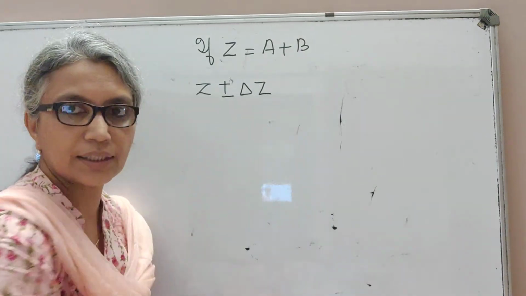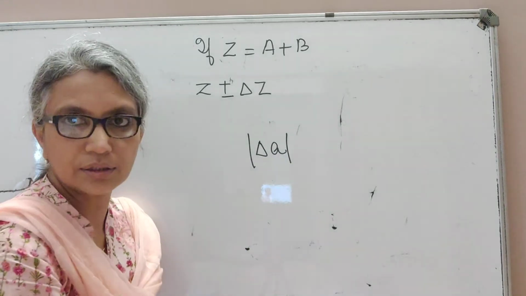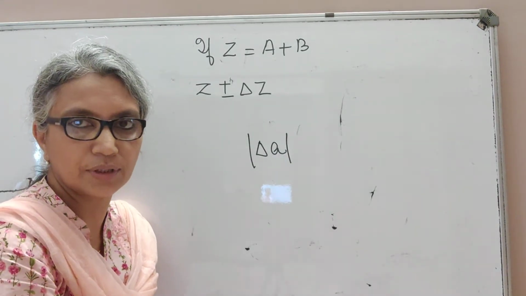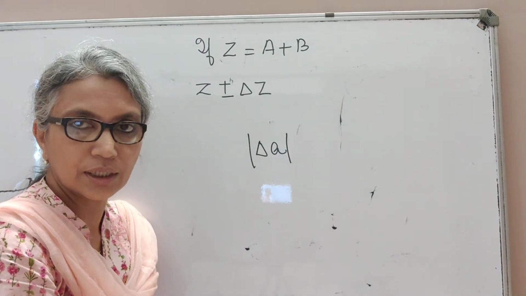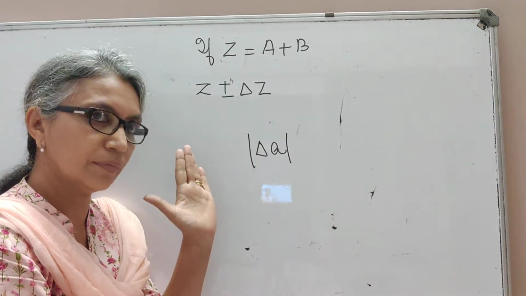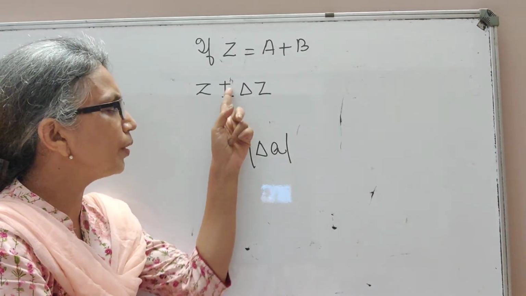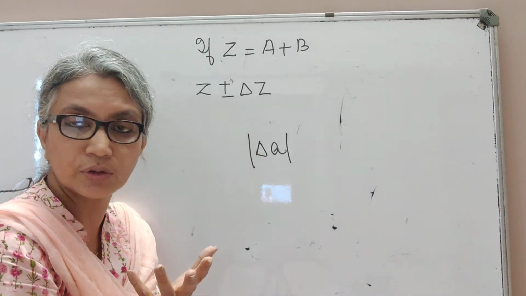What is this delta Z I told you? Delta A, absolute error. Remember, we just talked about that. What is this absolute error? The absolute error is the difference between the measured value and the actual value. Okay, so it could be plus or minus. Remember, we are taking only the absolute values.